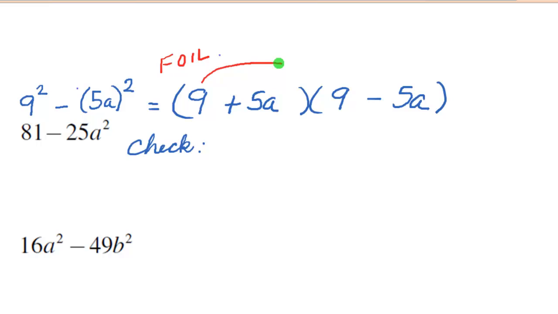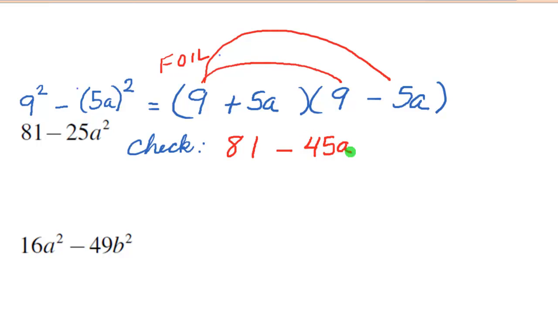We multiply the firsts, 9 times 9, which is 81. The outers, 9 times a negative 5a is a negative 45a. The inners, a positive 5a times 9, is a positive 45a.